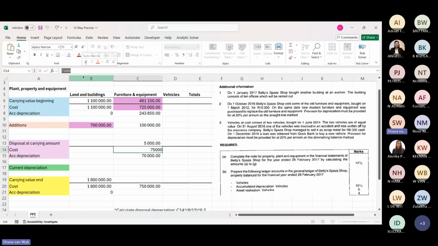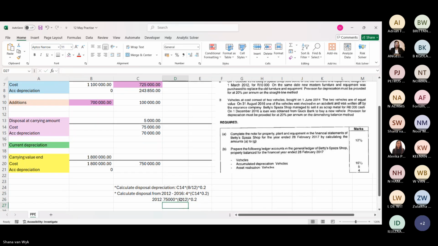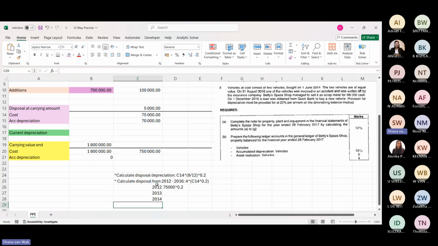Okay, so now we're gonna say, okay, so our cost, and we bought it. I'm just gonna take that out. We bought it on the 1st of March, so we know that's a full year.